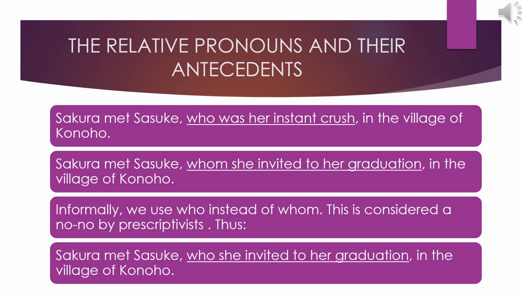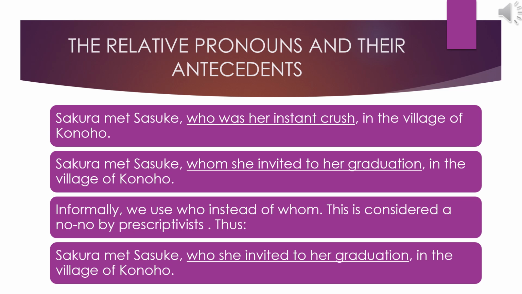Okay guys, let's see the previous information applied in context with some examples. Check out the first sentence. Sakura met Sasuke, who was her instant crush, in the village of Konoha. Now, the relative clause is who was her instant crush. Remember that the relative clause is going to be placed right next to the word that it modifies.